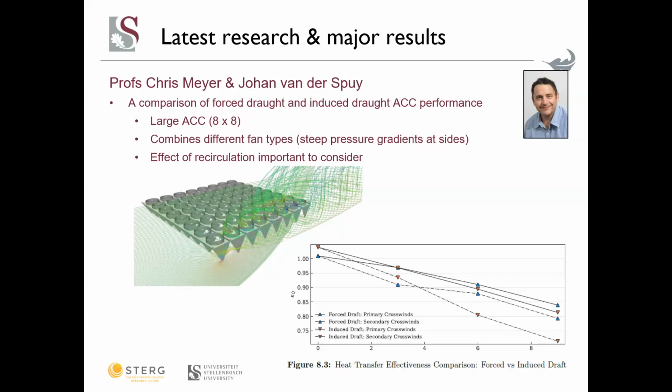We can also see from these graphs, with the dashed lines, that both the induced draft and forced draft ACCs are affected more by secondary crosswinds than by primary crosswinds. And lastly, with this graph at the bottom here, we can see that induced draft ACCs are hardest hit by these secondary crosswinds.